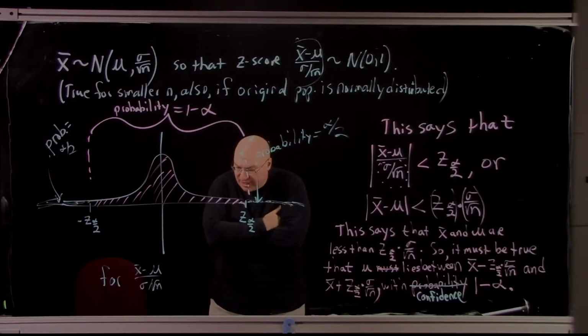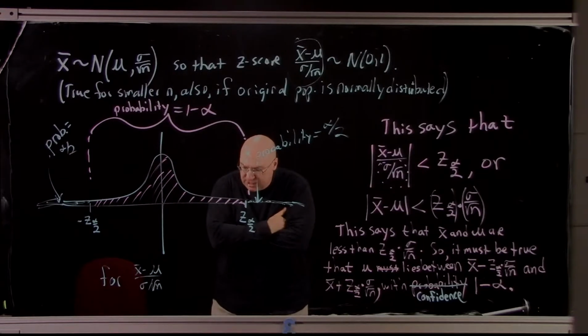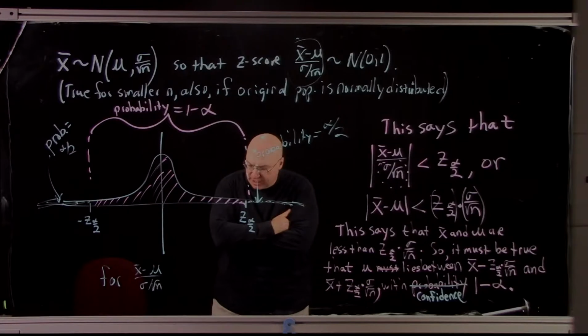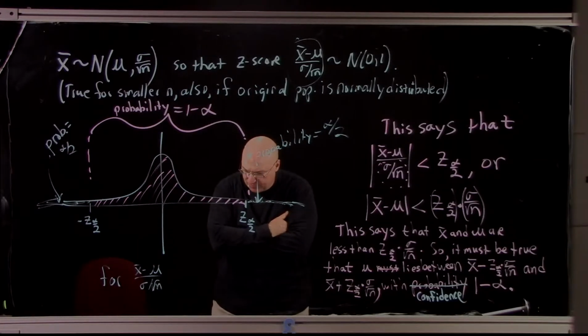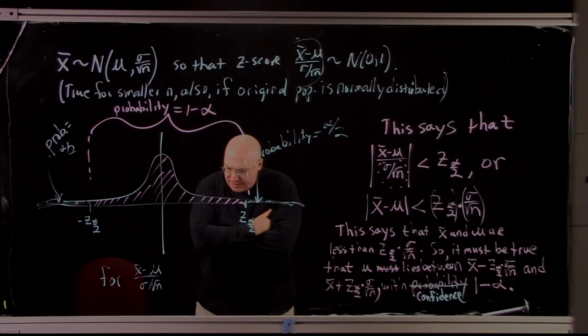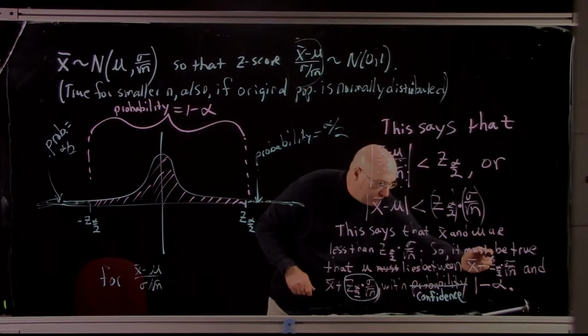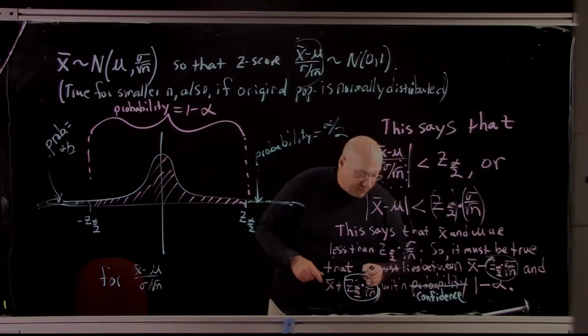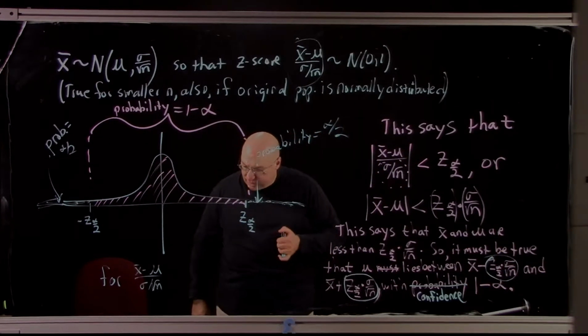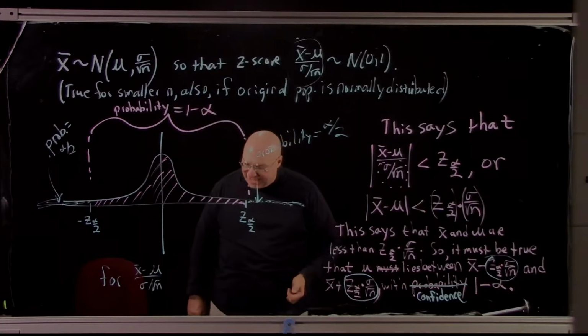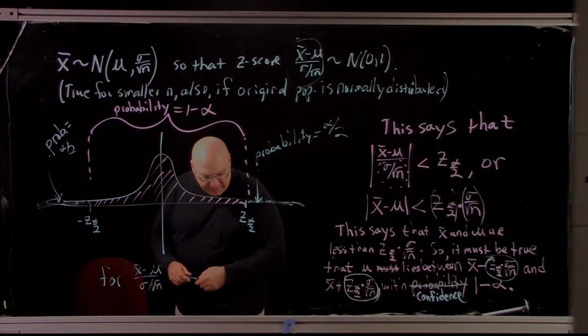So what do I say below here then? For a generic value of alpha, we will speak of a 1 minus alpha confidence level, or what is more standard, a 100(1 minus alpha)% confidence interval. We call this value right here that we are adding and subtracting from x bar the margin of error and denote it as E. So look what we have here.